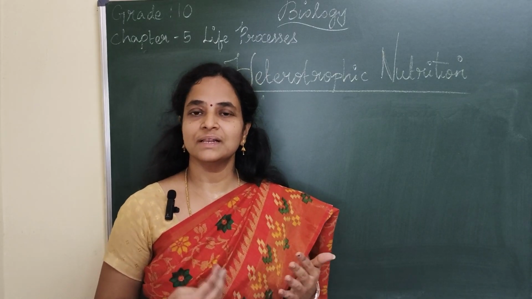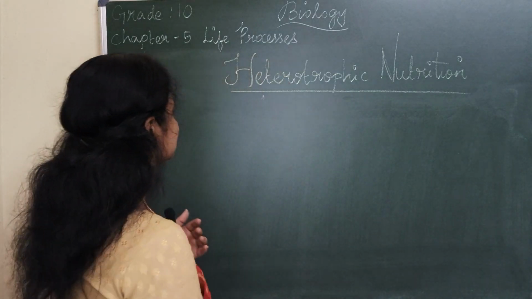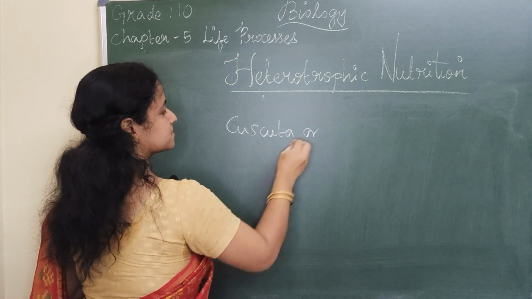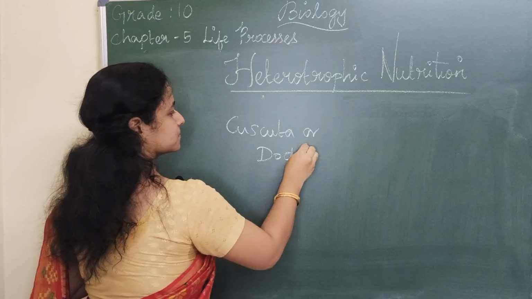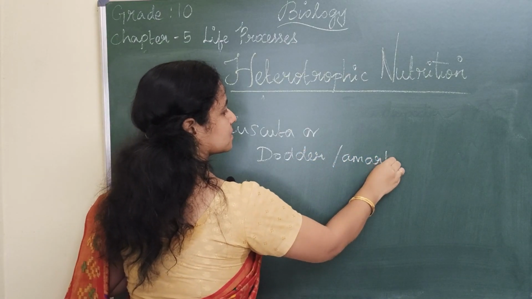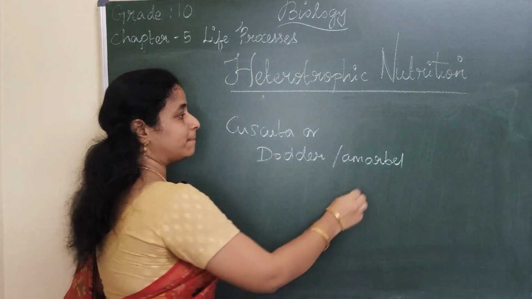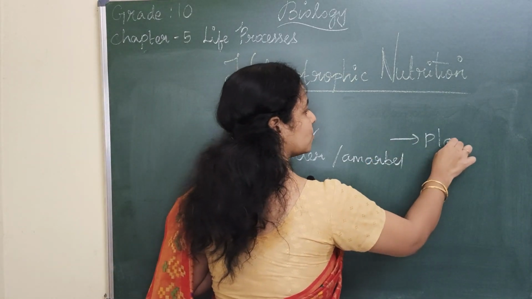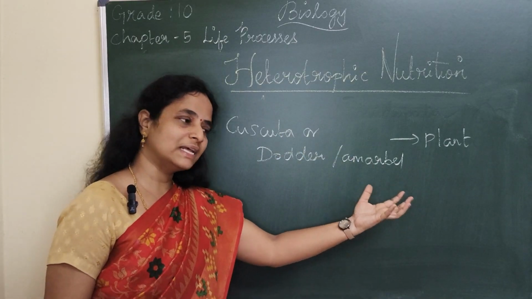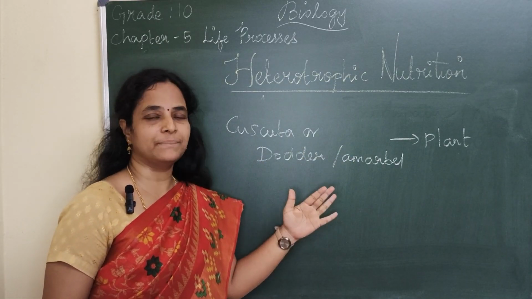A common example is Cuscuta, commonly called dodder or amarbel. These are called plant parasites. I told you that parasites live on other hosts and they take up the nutrition and damage them completely.